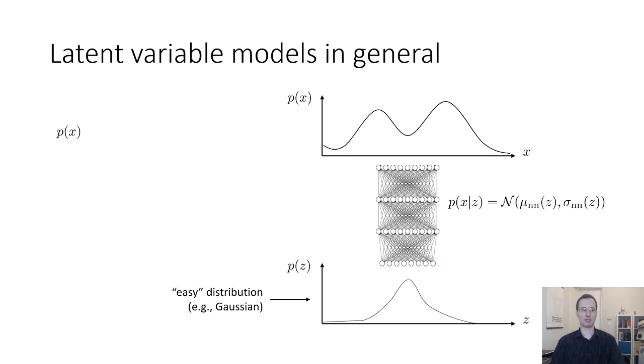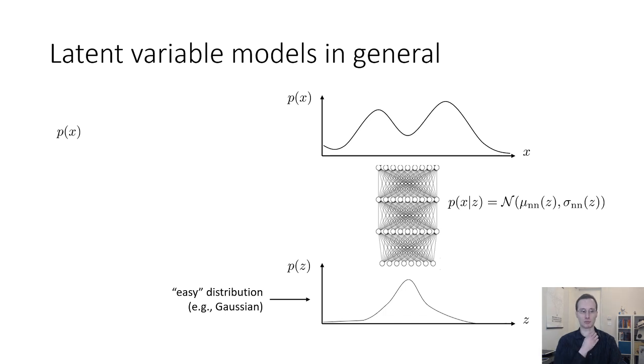So this might mean that P of x given z is Gaussian with mean given by some complex neural network function of z and variance given by some complex neural network function of z. So the idea is that we've replaced the need to represent some really complex distribution P of x with the need to represent two much simpler distributions, P of z, which is just fixed, like a Gaussian, for example, and P of x given z, which is a simple distribution, like a Gaussian, but where the mean and variance are very complex deterministic functions of z.